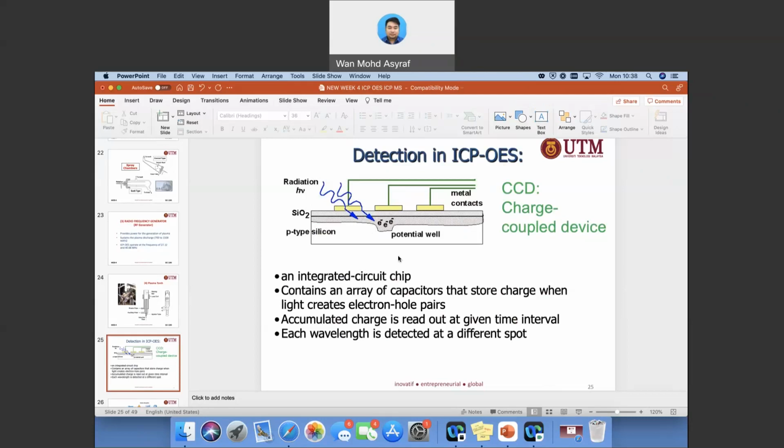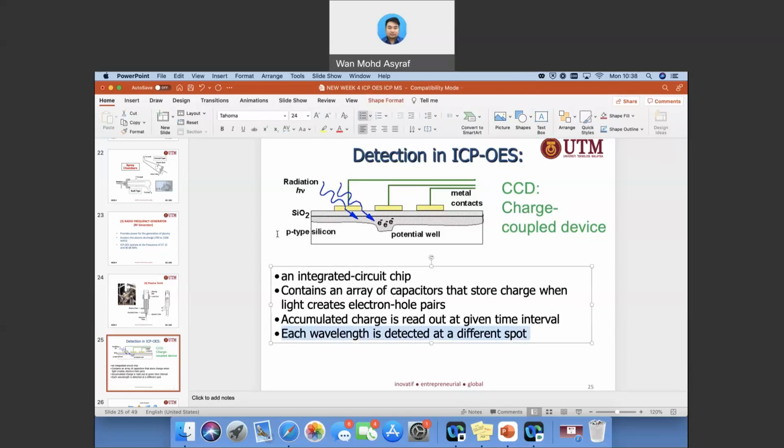So when your radiation hits this charge coupled device, each radiation has a specific site on the CCD, and this creates a simultaneous detection, because each wavelength is detected at a different spot.